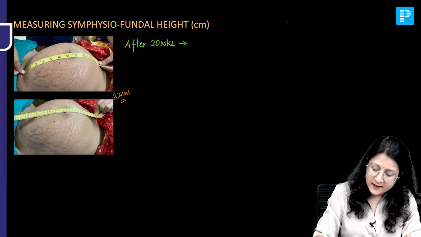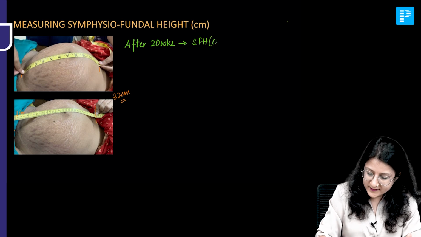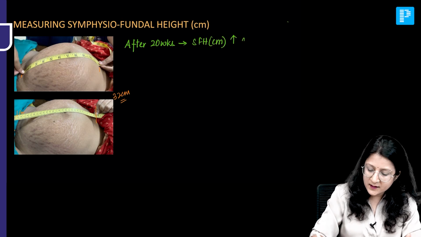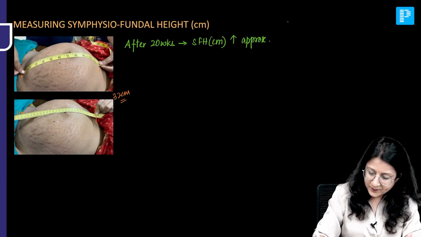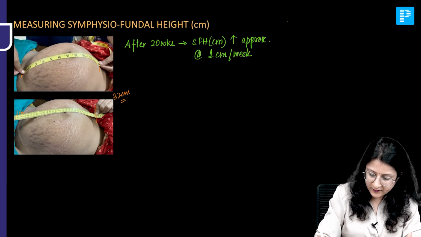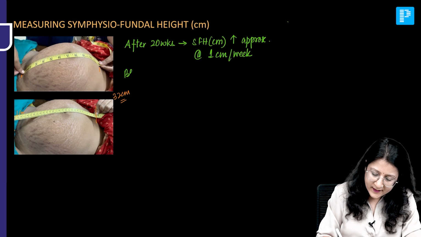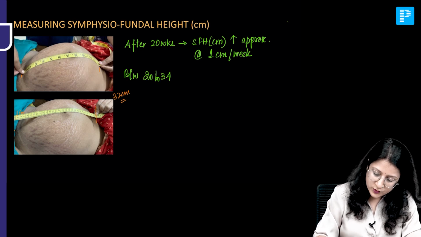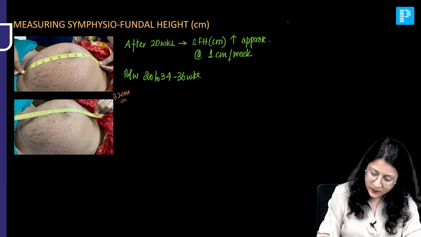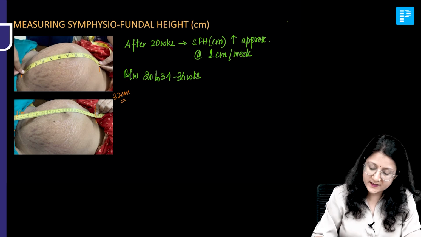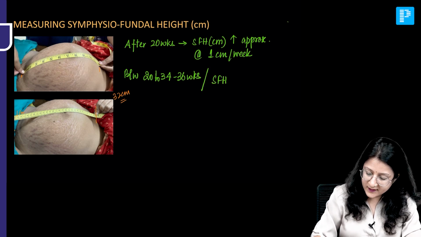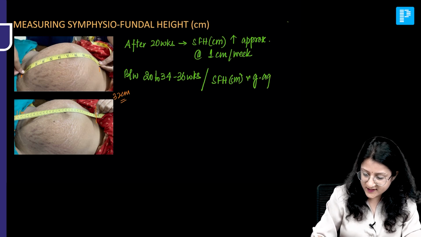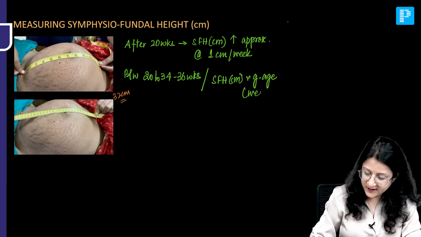see that the symphysiofundal height in centimeters increases approximately at a rate of about 1 centimeter per week, right? Therefore, between, let's say, 24 to 34 to 36 weeks, the symphysiofundal height in centimeters is going to correspond to the gestational age in weeks roughly.